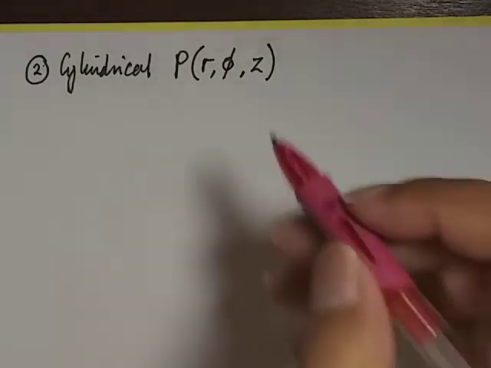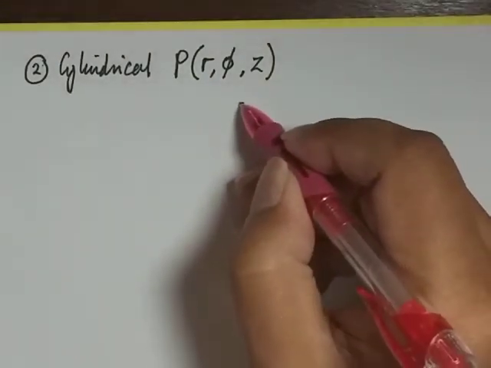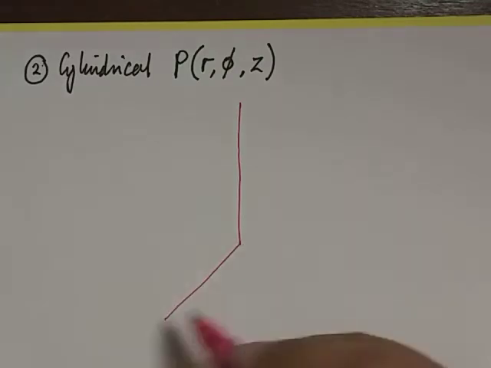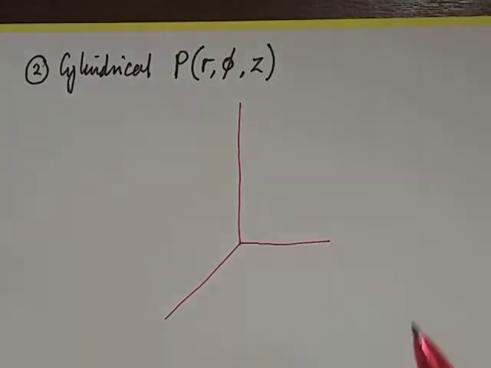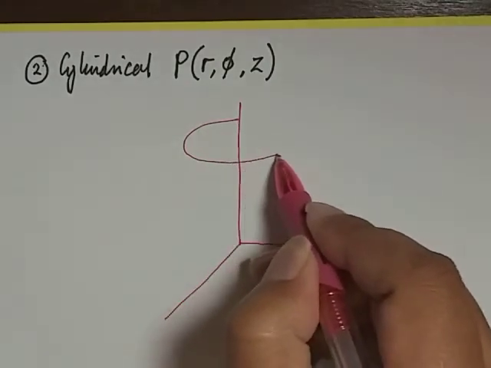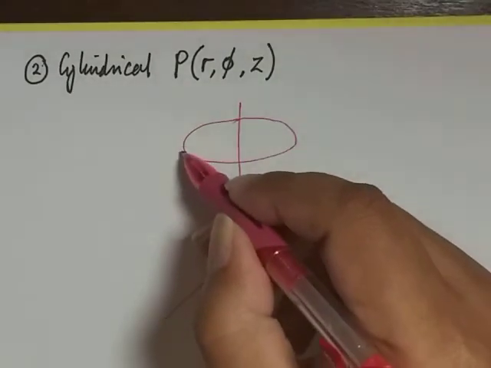So let's draw that in terms of a diagram now. Okay, so that should be the one we defined earlier, x, y, z. What we're going to have now is a cylindrical structure, because we are creating a cylindrical coordinate system.